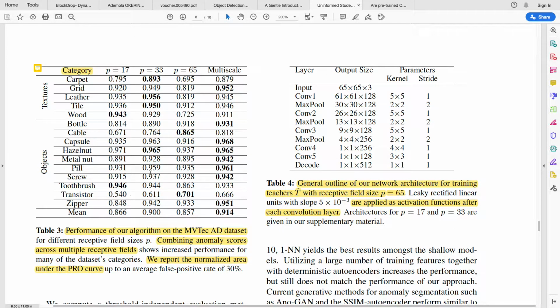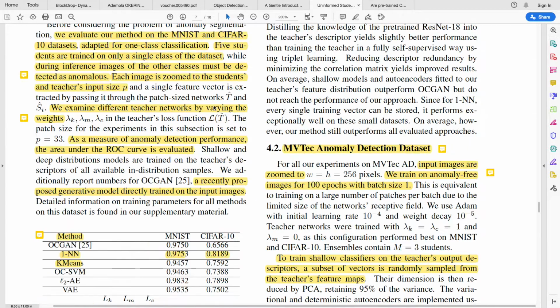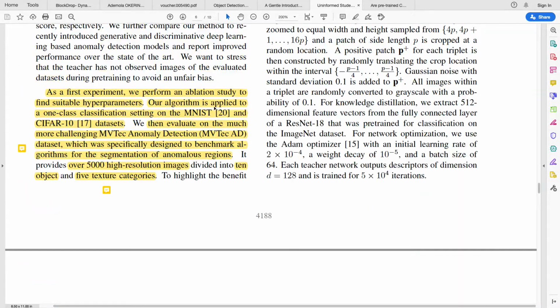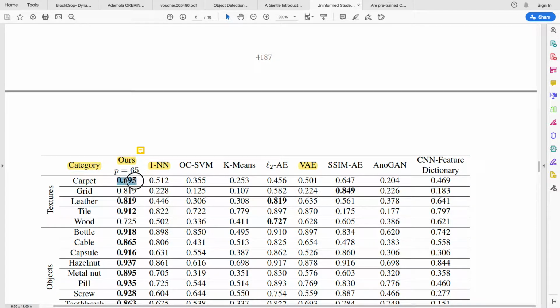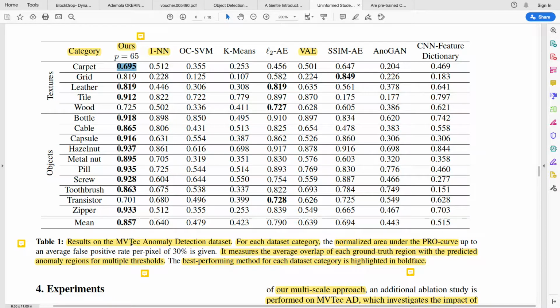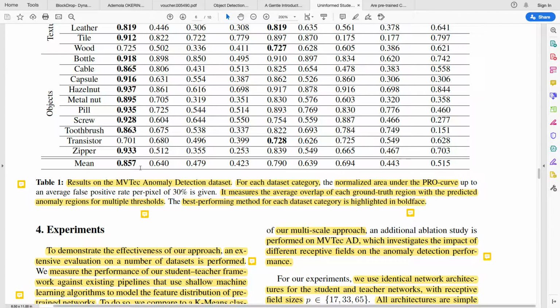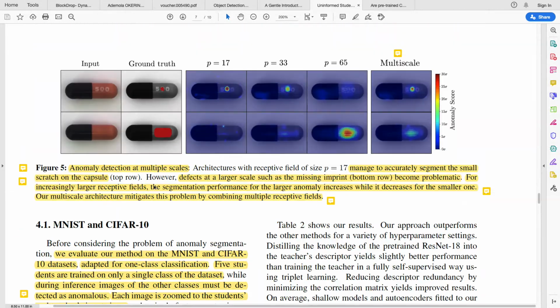Yeah, the same dataset, but they use different receptive fields to see the result. But the one we showed before, let's see, 0.695. Okay, that's what they use to compare with the other methods. So it's the same data set.